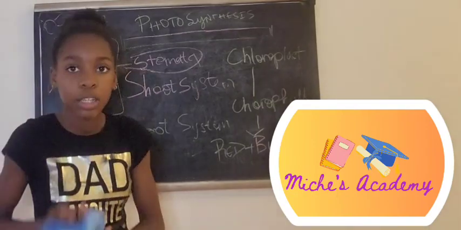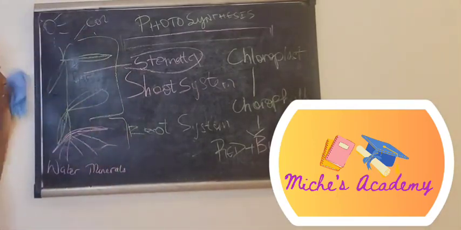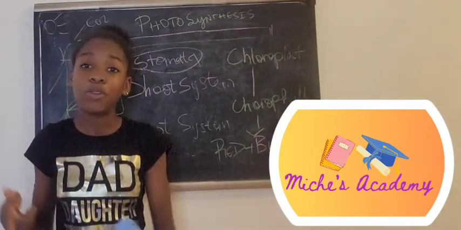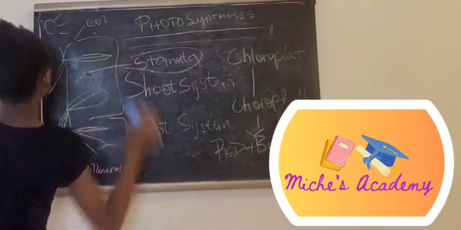So, now that we know how all of them enter plants, what are the processes that are involved in photosynthesis? Easy, there are just two.